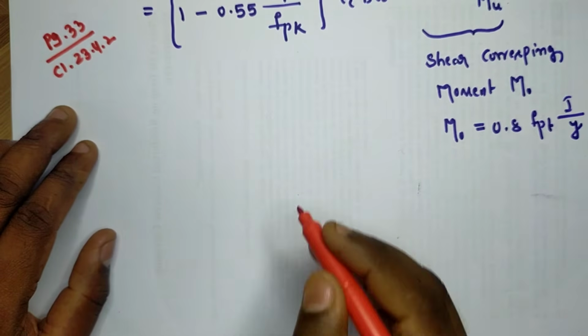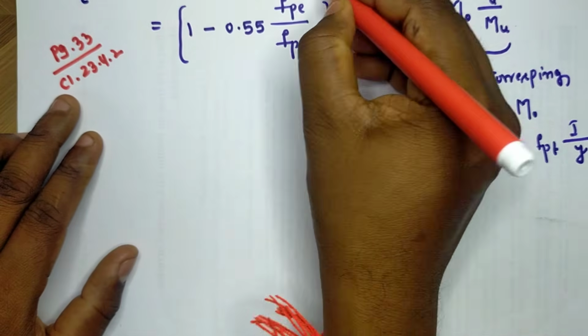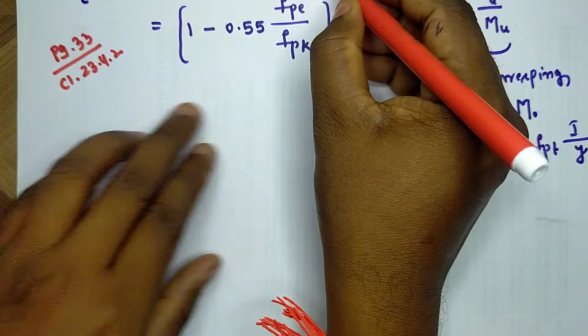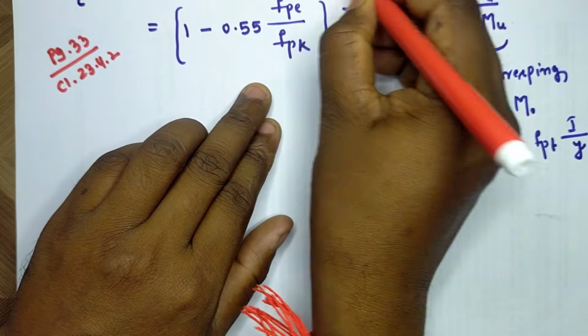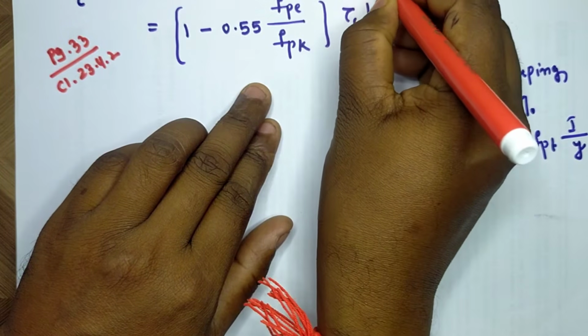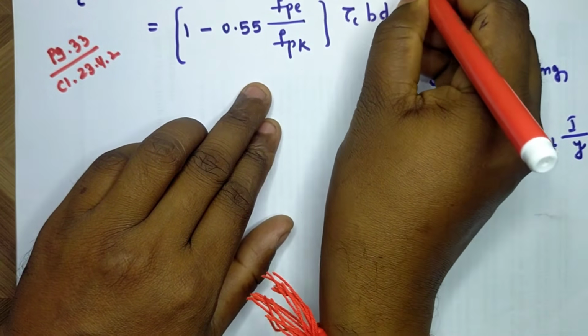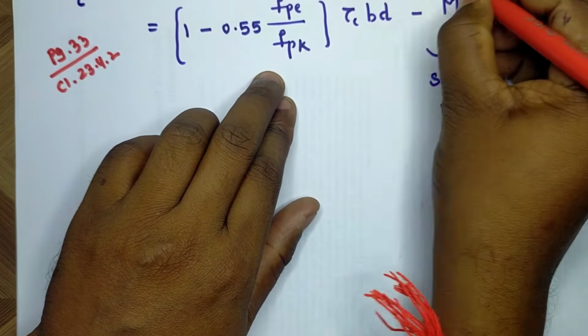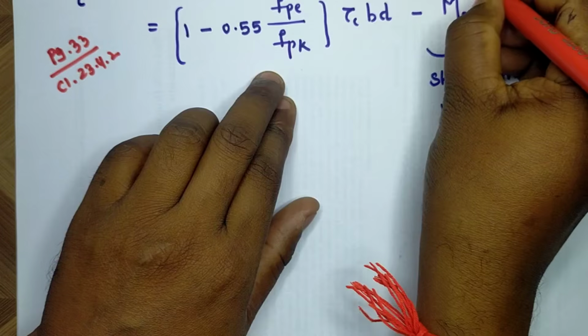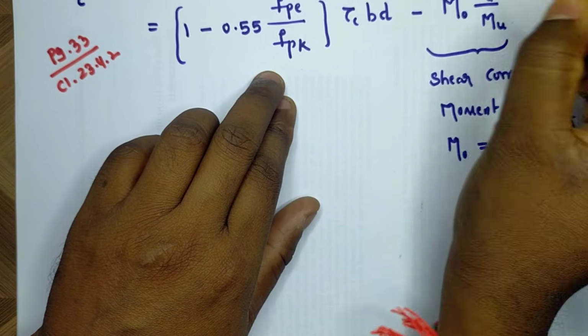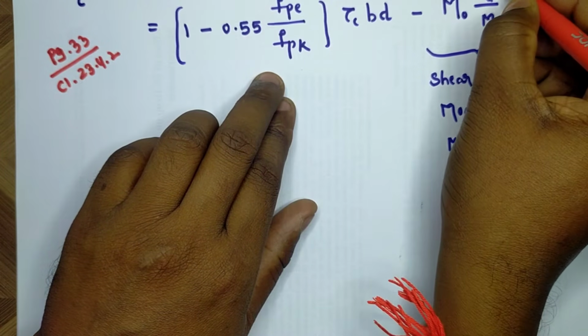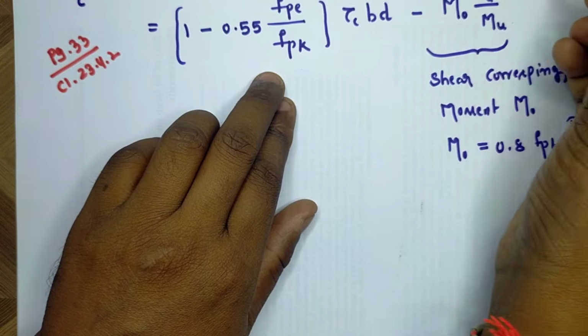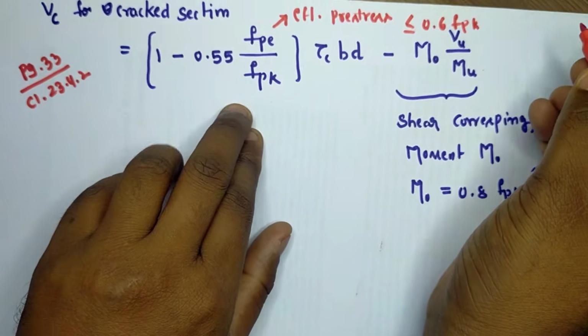Here, fpe is the effective prestress, that is, the prestress after all losses. This value should be less than or equal to 0.6 fpk. fpk means the characteristic compressive strength of concrete, that is M40 or M20 like that.